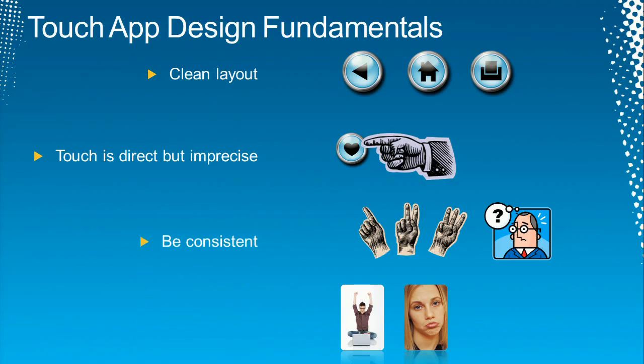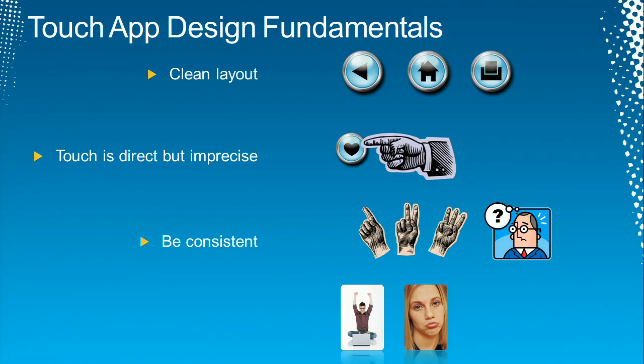You want to be consistent. What this means is there are a lot of touch devices out there, especially phones, that already set the stage for what people expect for a touch experience. What I mean is, when you do a pinch, that's a zoom out, and when you expand, it's the opposite, zoom in.